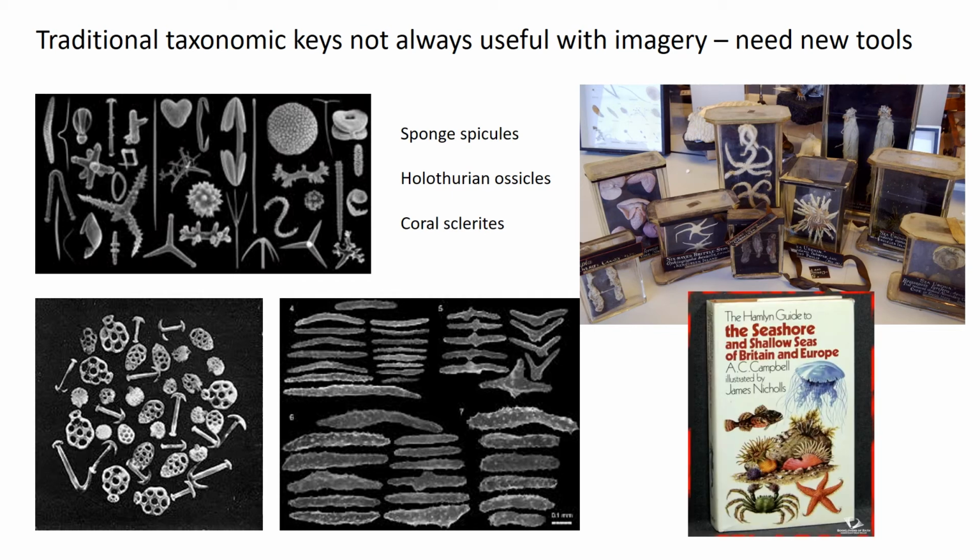It would be lovely to have the equivalent to this very common book in the UK at least, which is the Hamlyn Guide to the Seashore. It's a pictorial guide to the common animals that live on the seashore to aid with field identification of animals. And actually some of these do exist for the deep sea. We have the Northeast Atlantic Deep Sea Guide produced by ourselves at Plymouth and Ifremer.